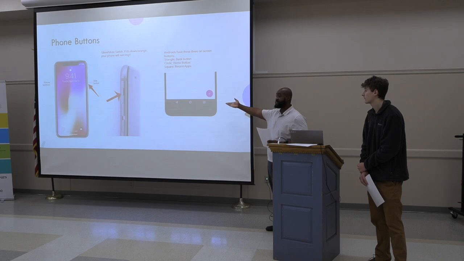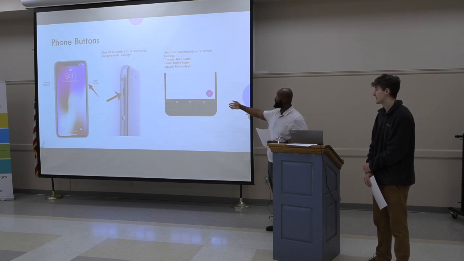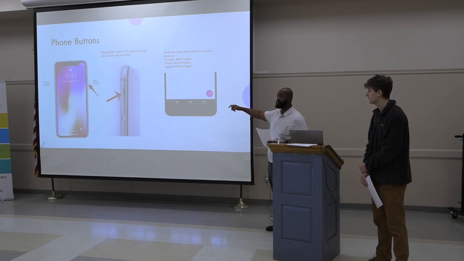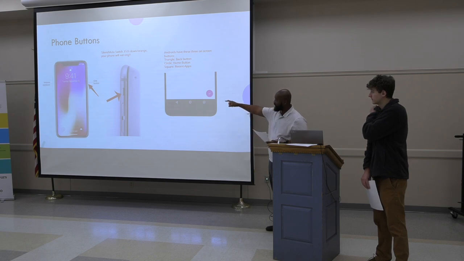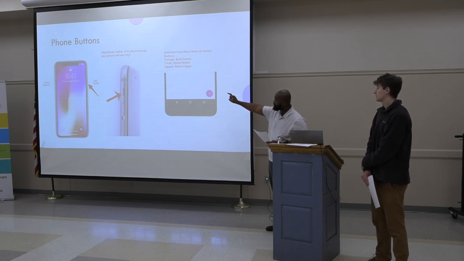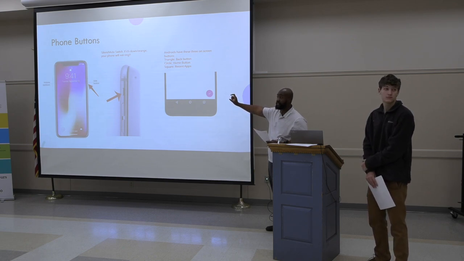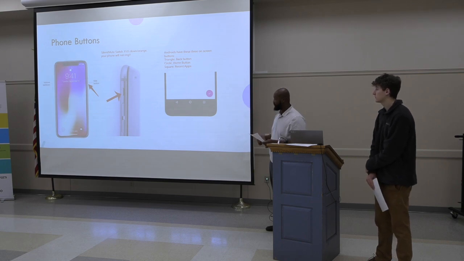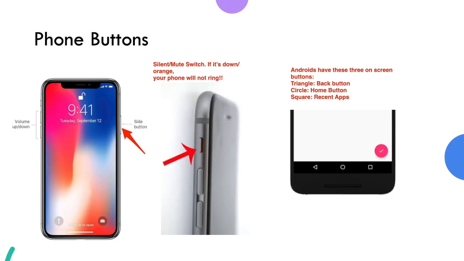A lot of times it could be the slider is on for the mute or silent switch, and you'll know that when it's showing orange underneath the slider. So as you can see, or as best as you can with the photo there, the slider is showing the orange bar, which tells you that the phone is on silent or mute mode. And so all incoming phone calls are just going to be muted, and so you won't even hear them coming.